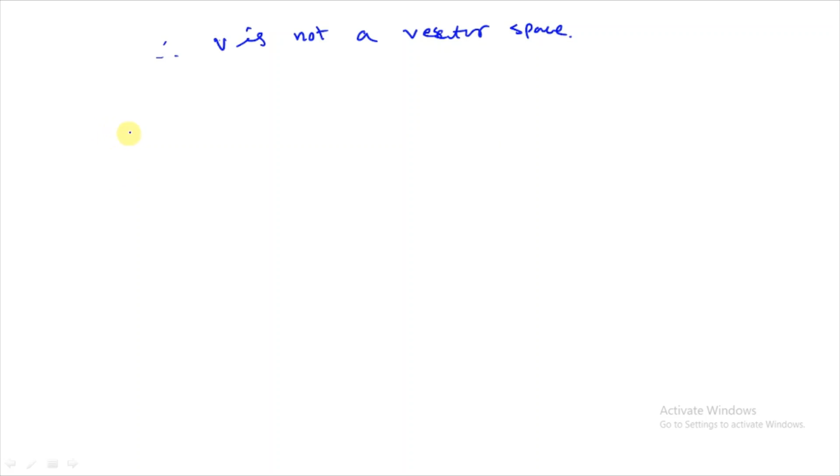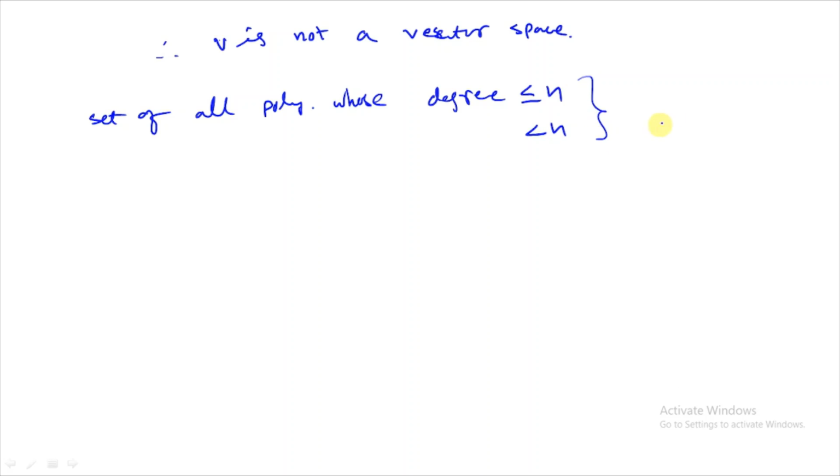Now remember this for polynomials. The set of all polynomials whose degree is less than or equal to n, or less than n, is a vector space.